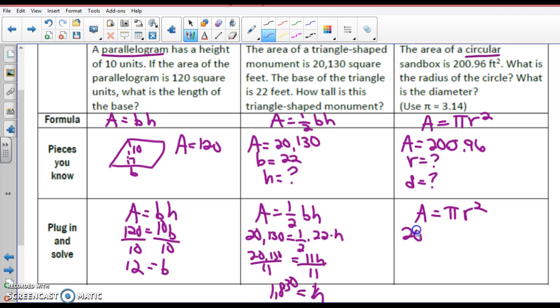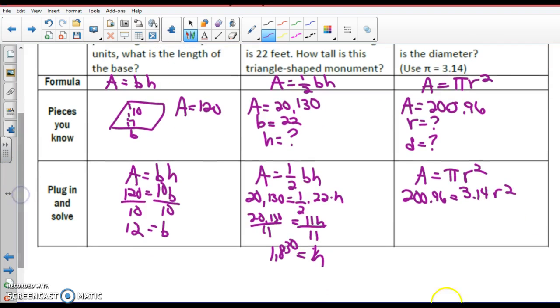So 200.96 equals, they told us to use 3.14 for pi, and we don't know the radius. So let's divide both sides by 3.14. And I get 64 equals r squared. And then we need to take the square root of both sides.